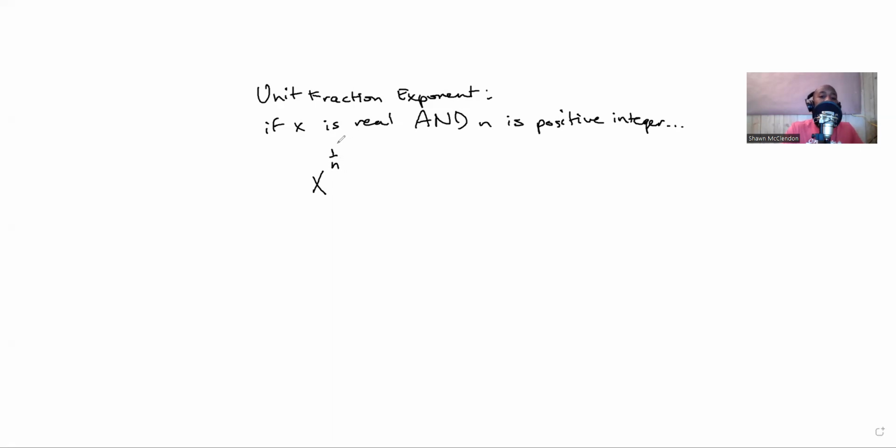It's not that bad. x to the 1 over n power is the same thing as the nth root of x. And specifically, n has to be positive here. Now, if n is even, if n is a positive, how do I say this?